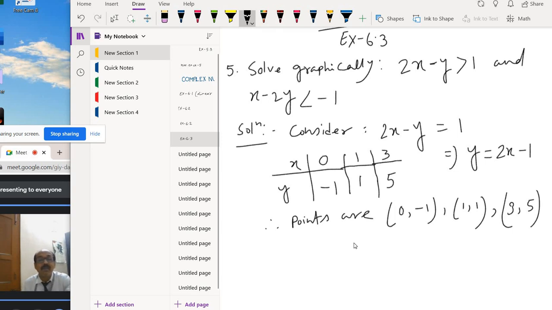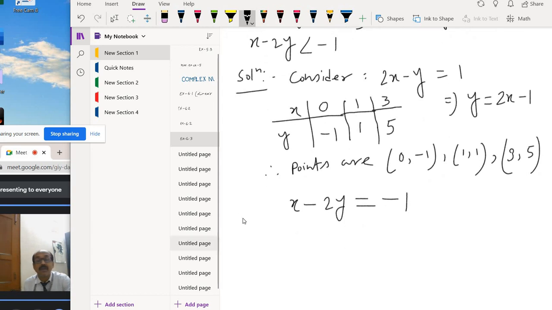Now the second equation, x minus 2y equal to minus 1. Take the equal sign, consider. So x minus 2y equal to minus 1. So x equal to 2y minus 1.